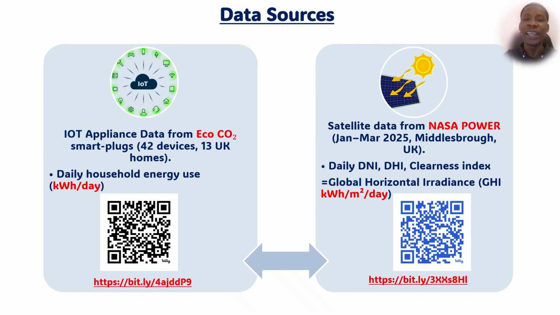Middlesbrough in the UK is taken as a case study, using solar data for January to March 2025. The DNI, DHI, and Clearness Index were extrapolated to calculate the global horizontal irradiance. These are the data sources that have been provided for reproducibility in this study.